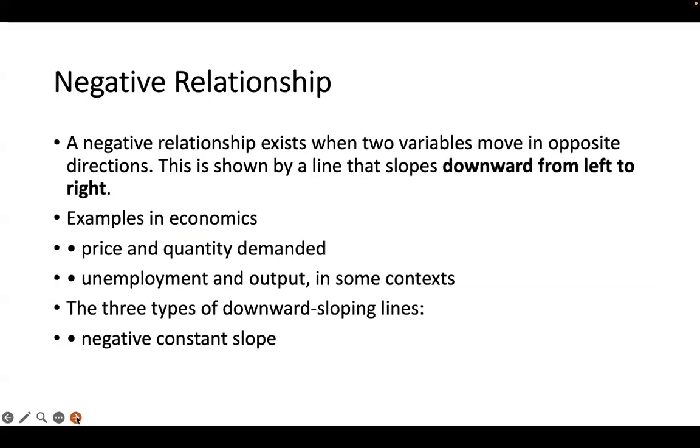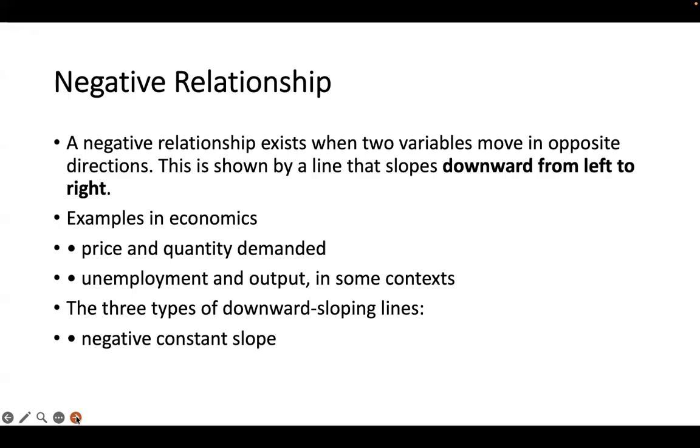So with a negative relationship as well, since consumers are rational, when there's a fall in price, the quantity demanded of that product also increases because we all aim at maximizing satisfaction. The same thing applies to unemployment and output. A country with a high unemployment rate has low productivity, a low output level in some contexts. Let's see Ghana.